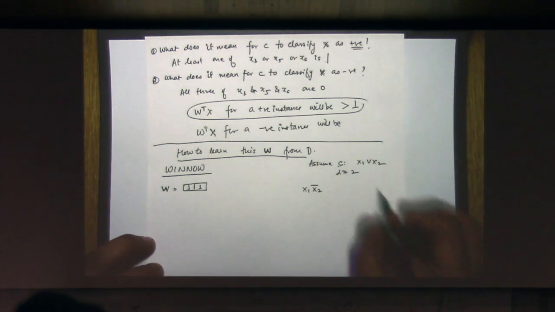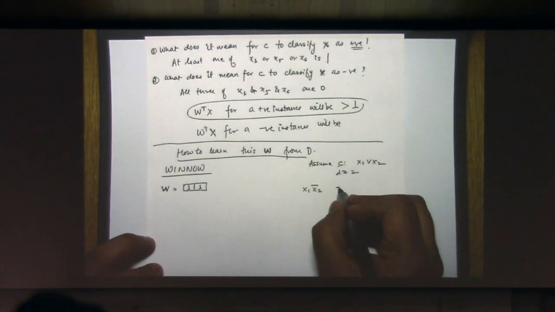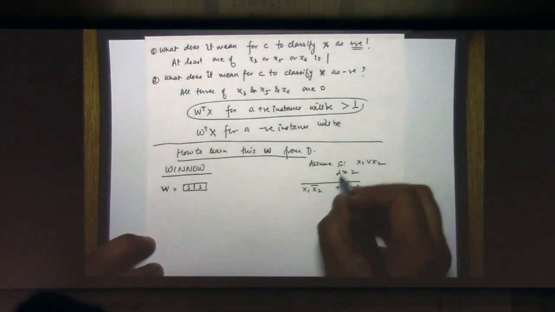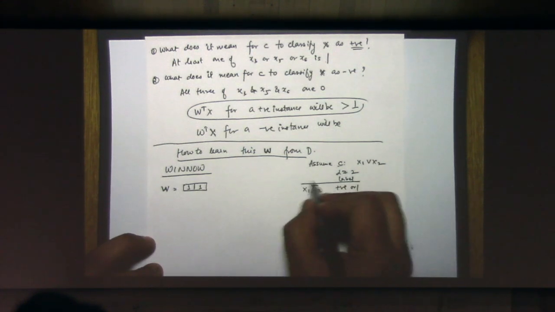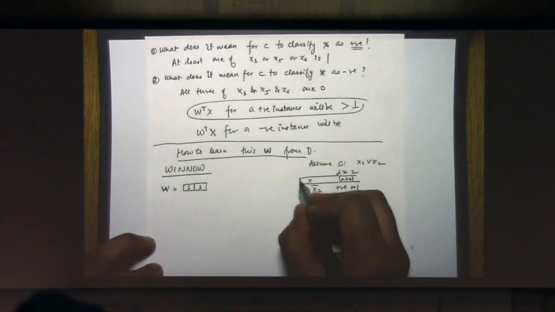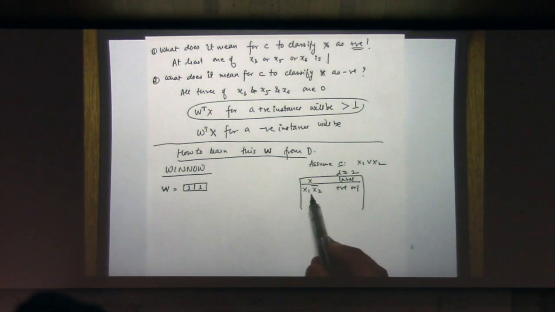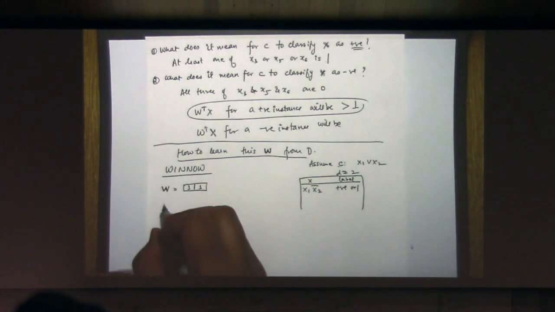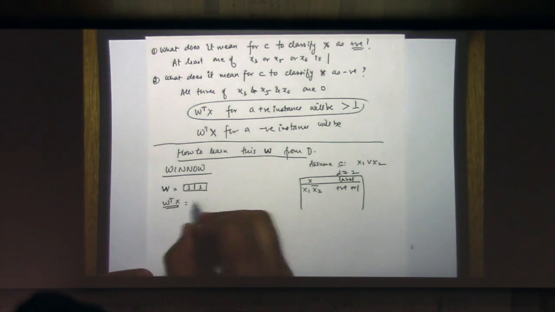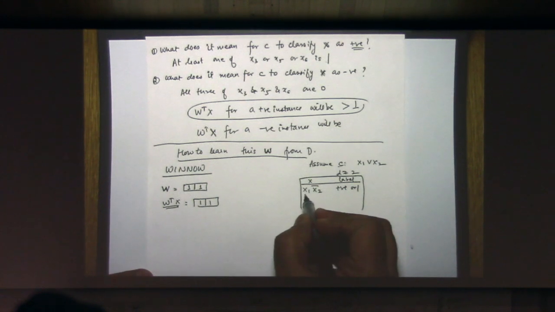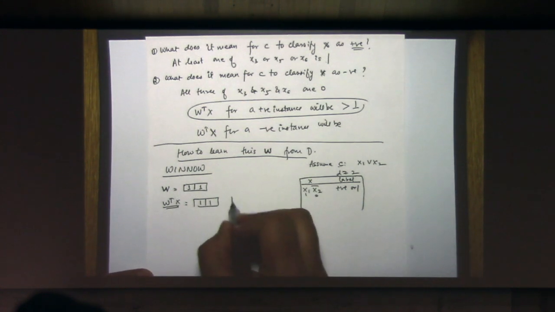All right, and of course this is positive, or 1. So this is the label, and this is the x. So this is the first instance I get, right? So what do I do? I compute its W transpose x, which essentially means that I am doing a dot product between 1, 1, and this would be 1, 0, right?